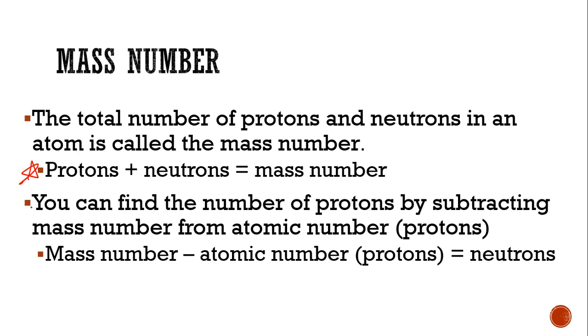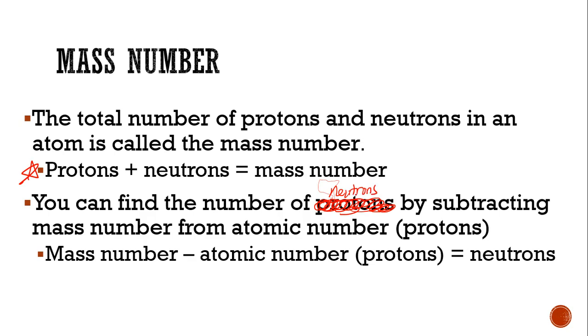Now, why do we care about this mass number? Well, we care about this mass number because it actually helps us find the number of neutrons in an atom. This is a typo, so please cross that out.